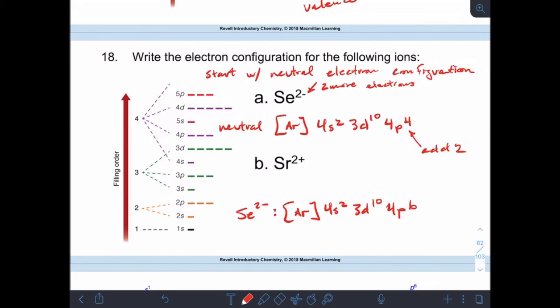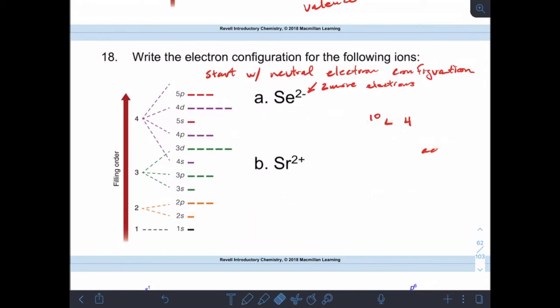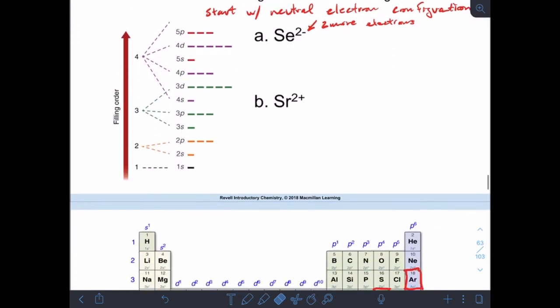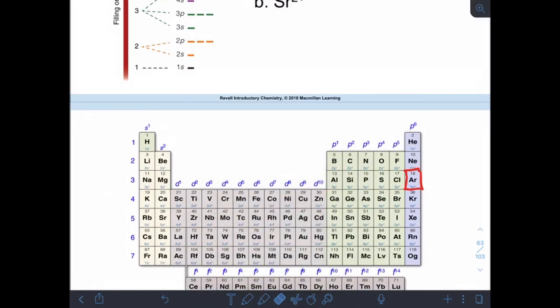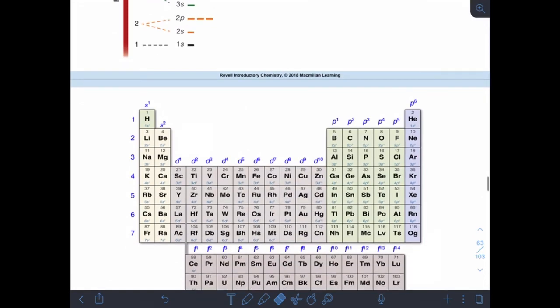Now I'm going to erase this and look at the strontium 2+, our second question. Let's find the electron configuration for strontium. Strontium is living down here at element 38.